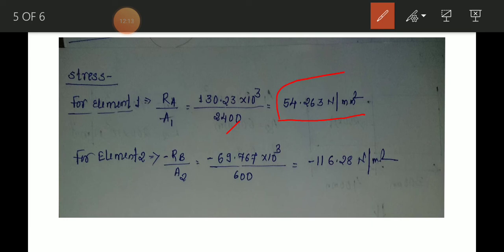This is positive, that's why it is the tensile stress. Whereas for element number 2, it's minus RB divided by A2. So we'll get minus 116.28. This is compressive in nature.